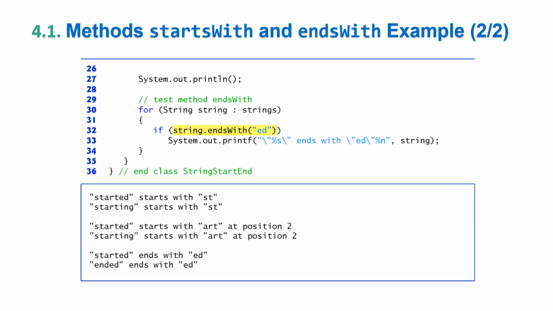In the second part of the program, it has another enhanced for loop that also goes through the array strings. For each element of the array, it calls the endsWith method, passing the string literal ed as an argument. This method call returns true if the string object ends with ed.